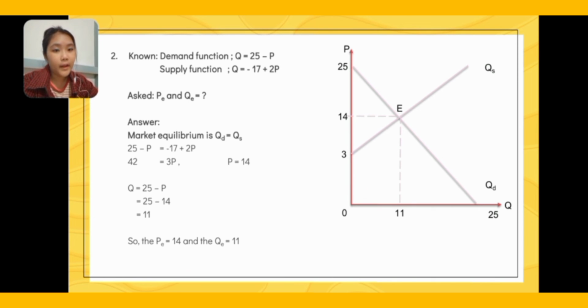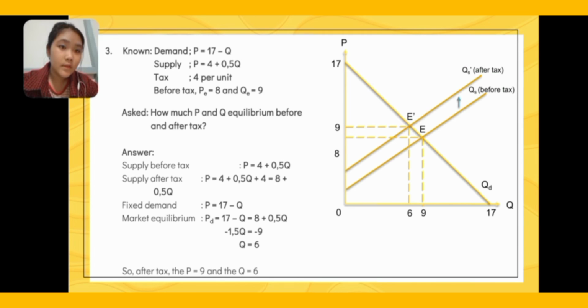So the price equilibrium equals 14 and the quantity equilibrium equals 11. I already made the curve for this one. Okay, I will explain number 3 also.